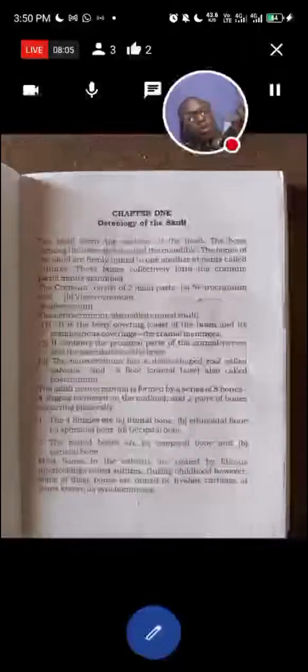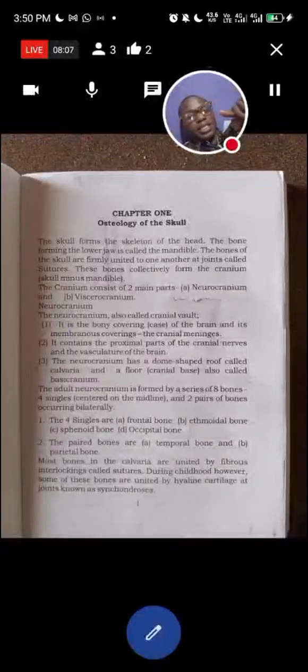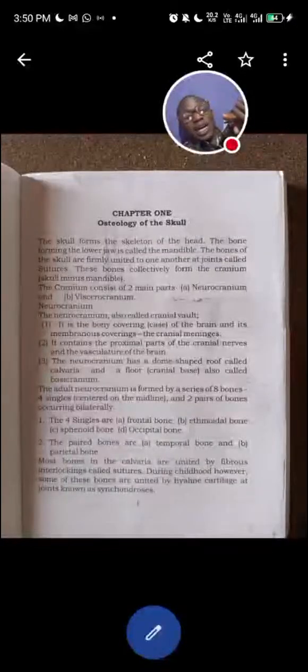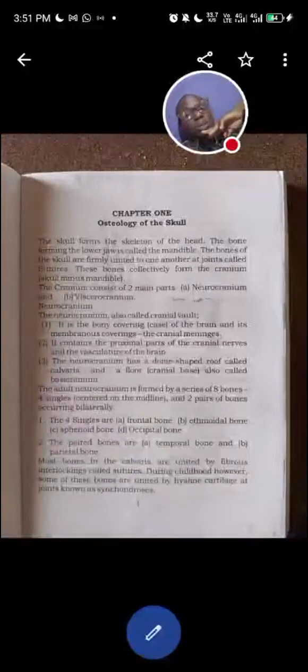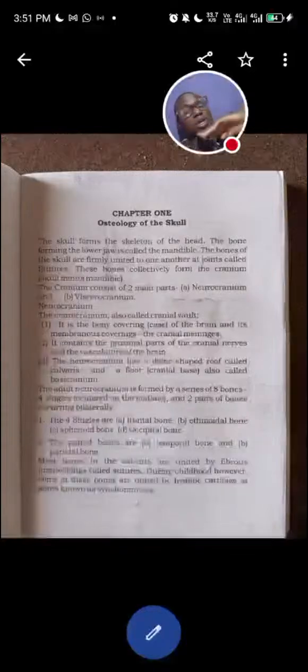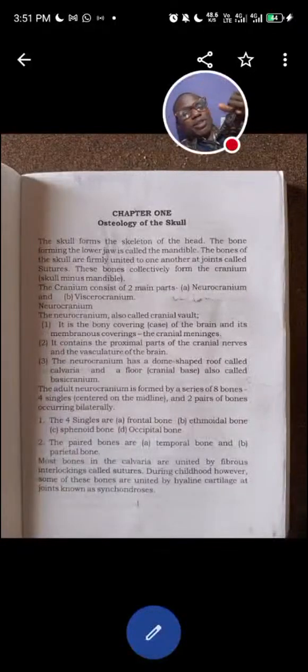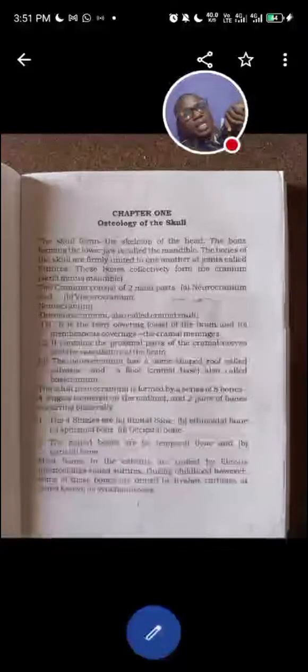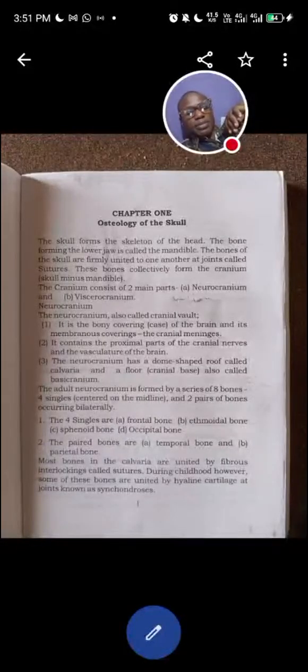The skull is the skeleton of the head, and it is made up of the cranium and the mandible. The cranium is divided into two. The mandible is the lower part. We have the neurocranium and the viscerocranium. The neurocranium is also called the cranial vault.